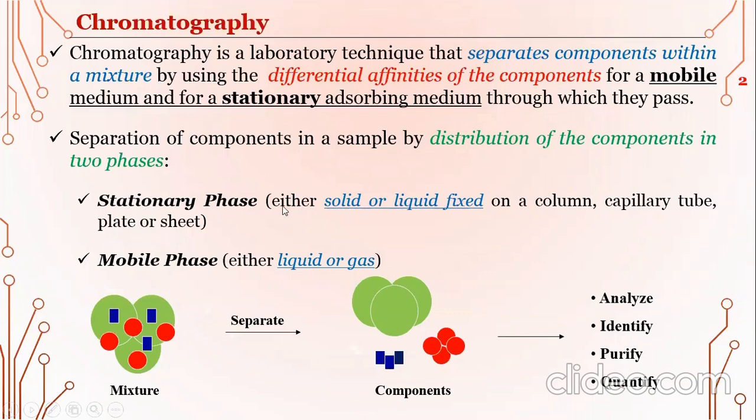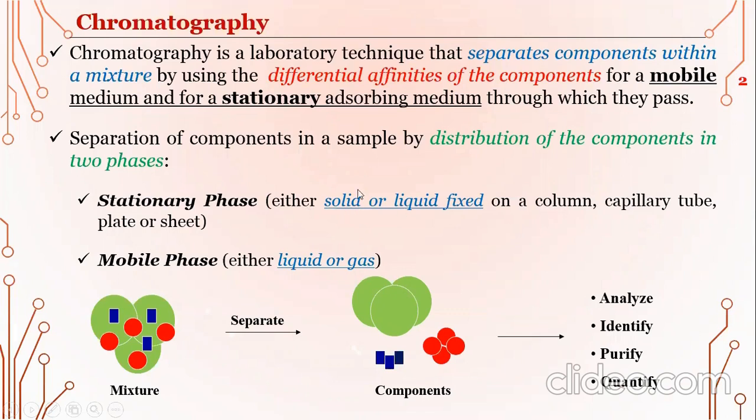Fixed on a column. So this stationary medium could either be solid or liquid, and that is fixed on a column or a capillary tube or a plate or a sheet. They are actually inert material.